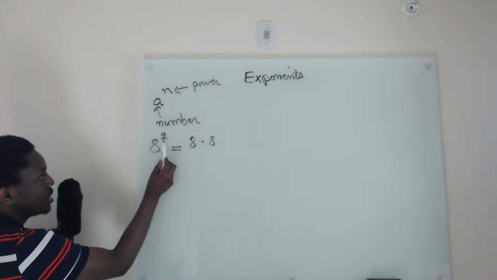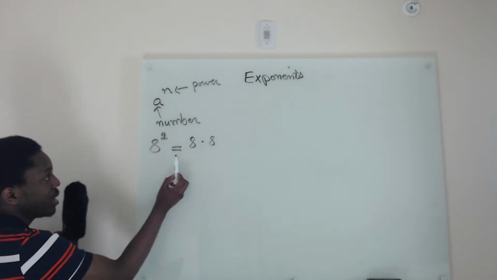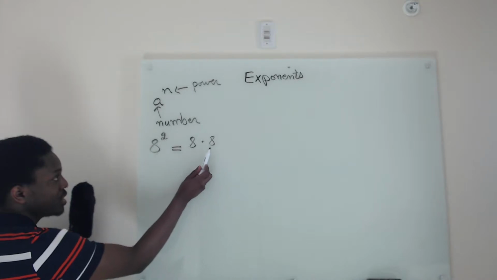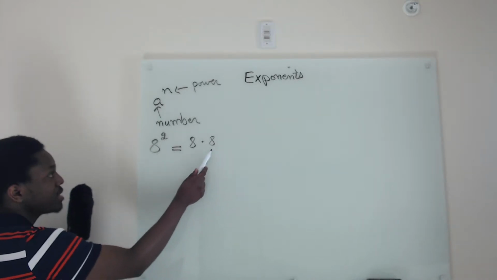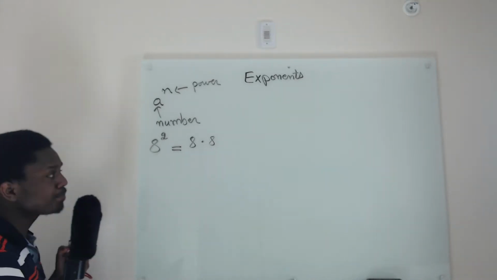Since there's only 2 here, that's why this number 8, we write it in the multiplication twice. So we have the first time and the second time.